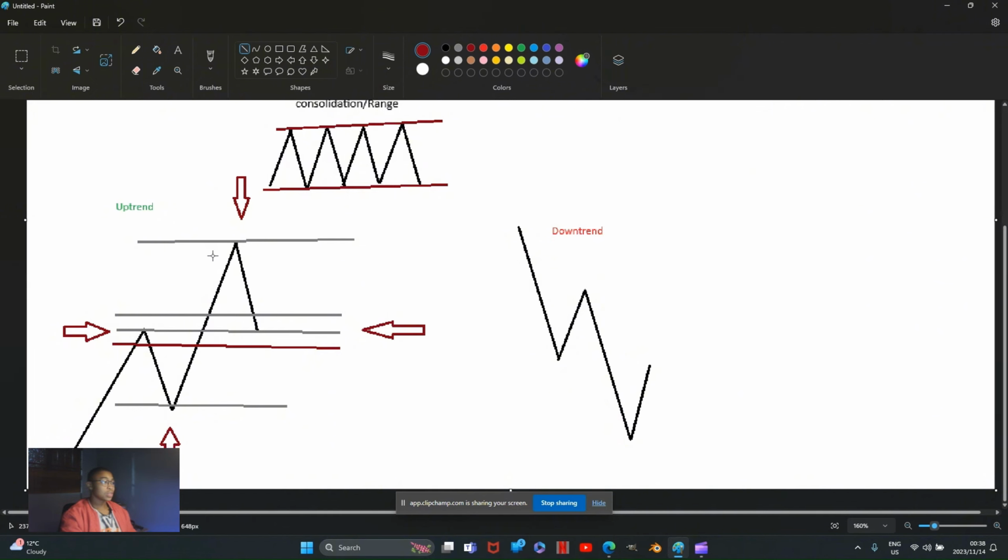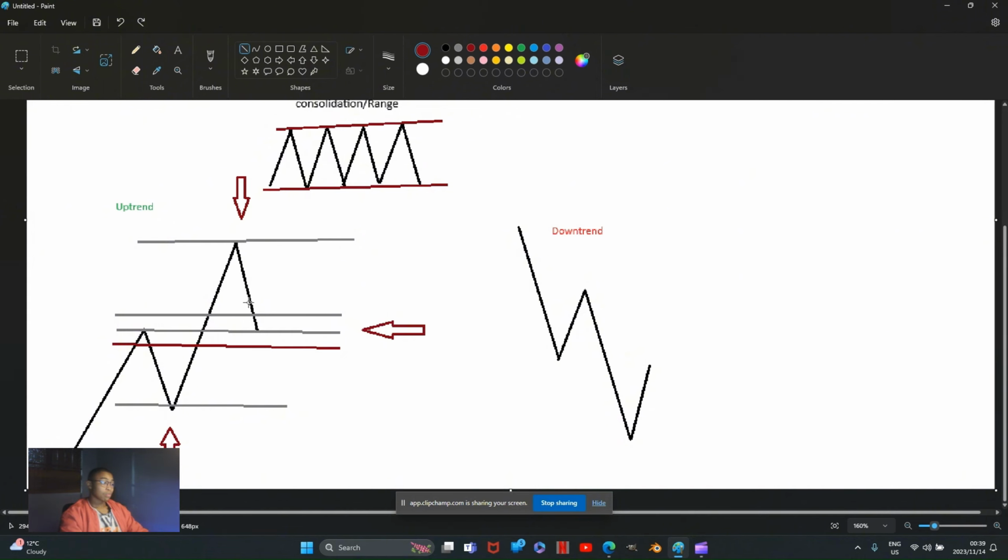It does not move once upwards. It moves in a set of zigzags, and those zigzags can be sideways, which is not good, as I said, or those zigzags can be up or downwards, and that's the only time you can trade this.